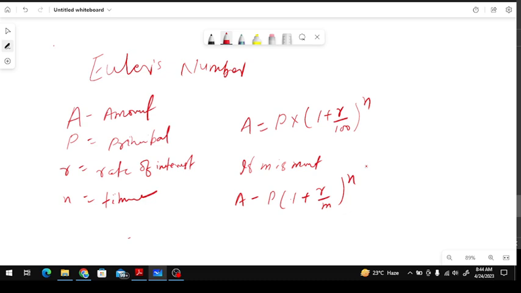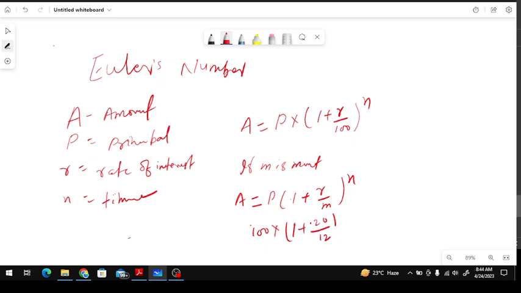Let's see, suppose we have $100. So we write 100 multiplied by, with the rate of 20%, 0.20.